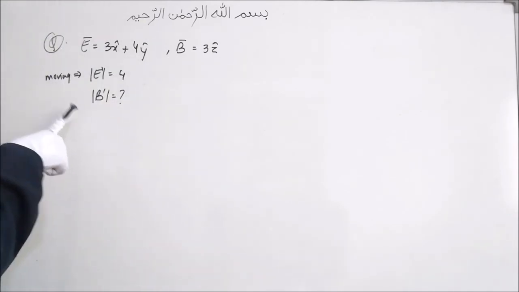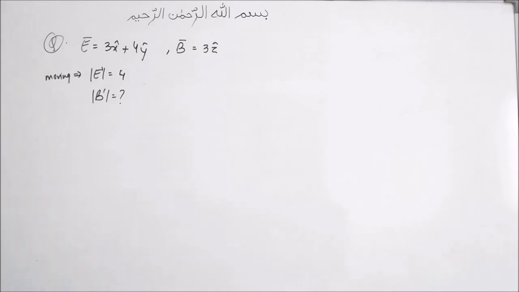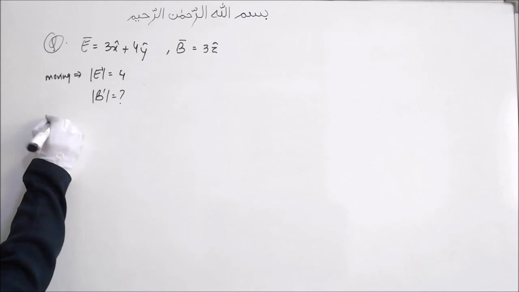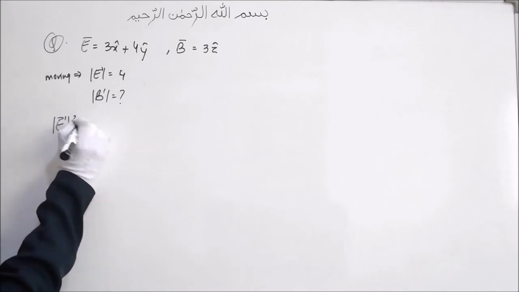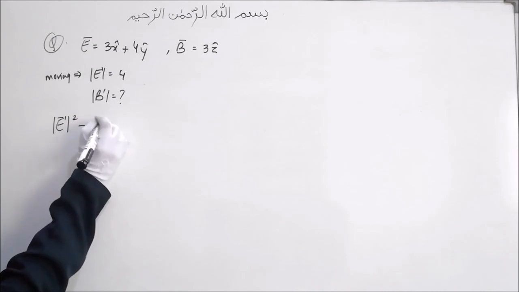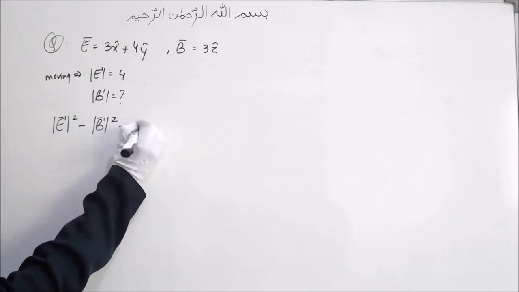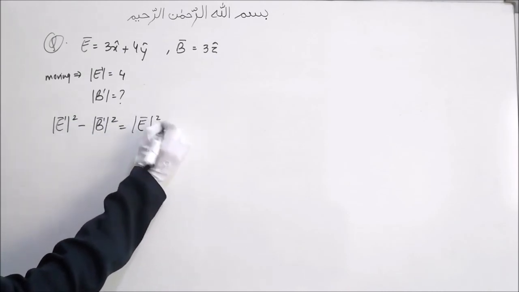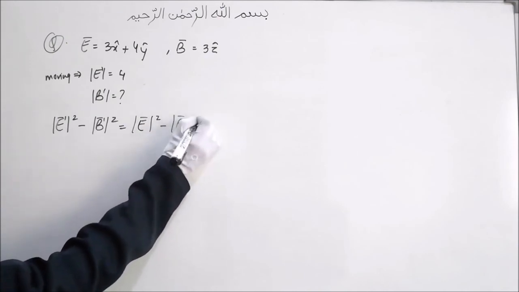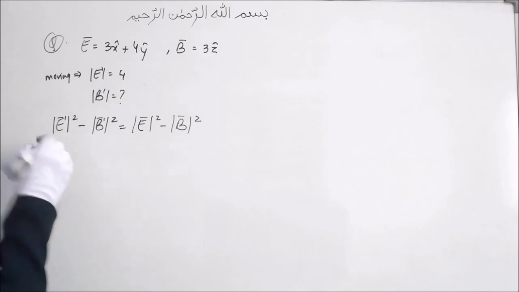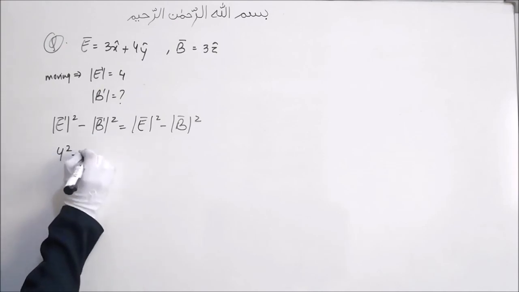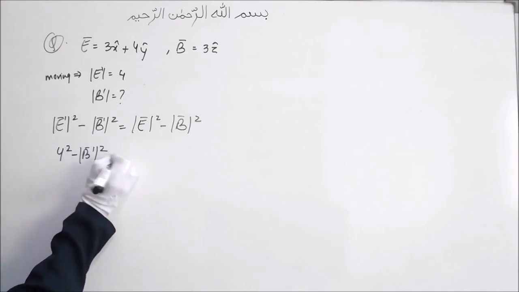We have to find E dash and B dash in the other frame, using the quantity which is invariant under Lorentz transformation, and in that we also saw magnitude of E dash squared minus magnitude of B dash squared is equal to magnitude of E squared minus magnitude of B squared. Magnitude of E dash is 4, so 4 squared minus magnitude of B dash squared is equal to E squared.